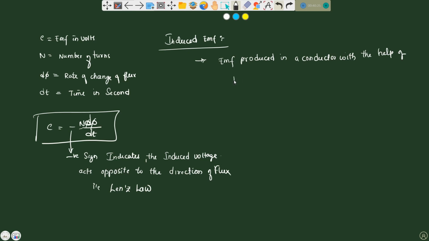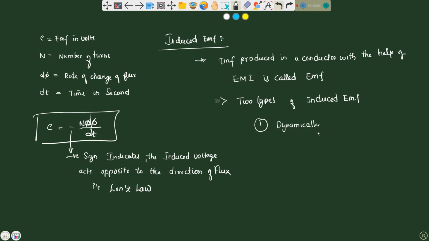So we have two types of induced EMF. One is dynamically induced EMF, another one we have is statically induced EMF.